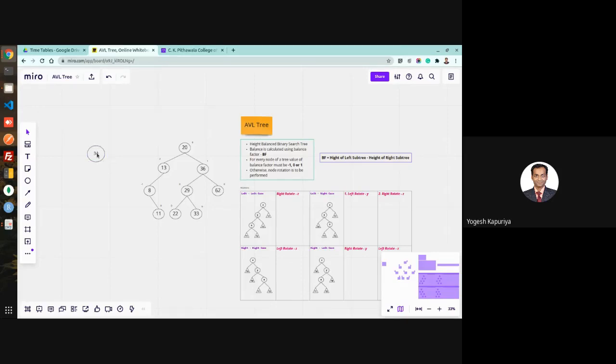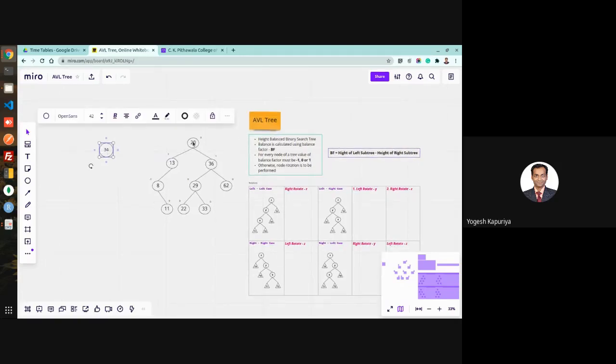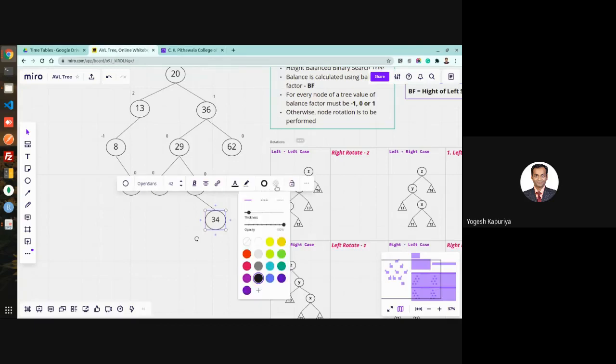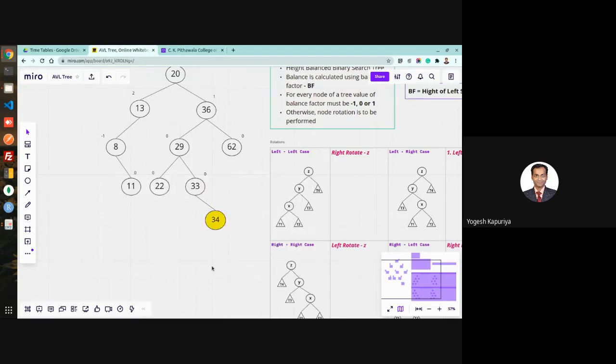If I want to insert 34 inside this tree, where will it go? It's greater than 20, so goes here. It's less than 36, so goes here. It's greater than 29, so goes here, and it's greater than 33, so it goes here. So this is where your 34 goes, and this is the node which is inserted last.